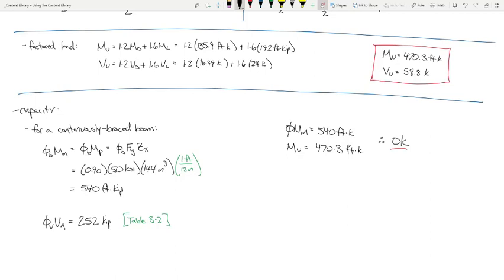Everybody else find that for the 21 by 62? So phi Vn is 252 kips and Vu is 58.8 kips. Is that good? Yeah, it's good. What's the performance ratio for that? 0.233. So we call that a performance ratio for shear.